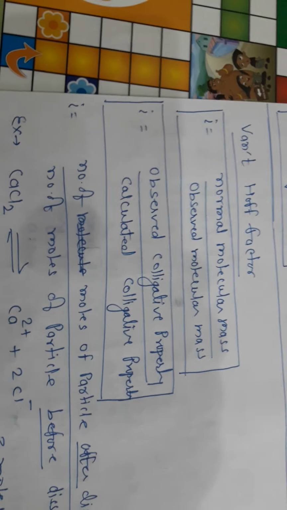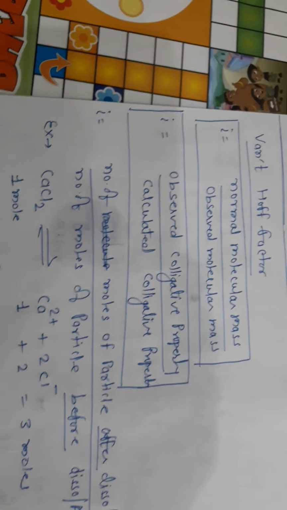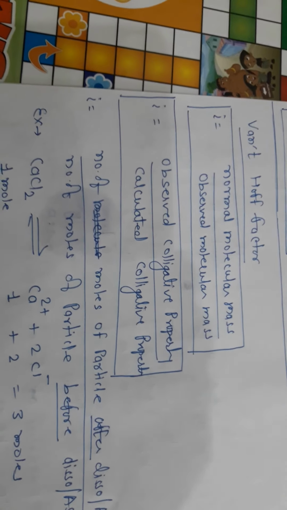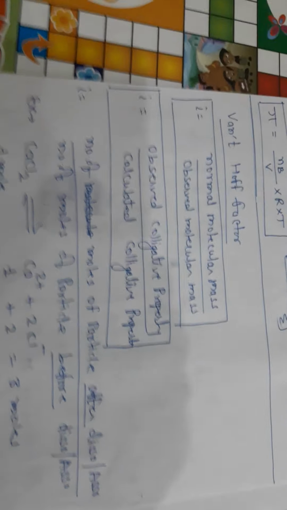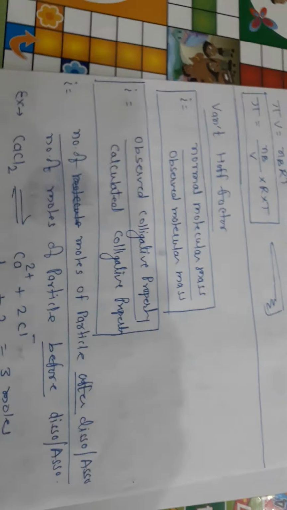Third one is the number of moles of particles after dissociation or association upon number of moles of particles before association or dissociation. So these are the three formulas by which we can find the value of i, the van't Hoff factor.